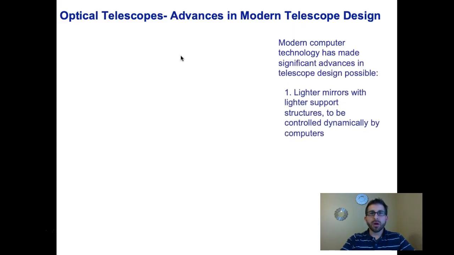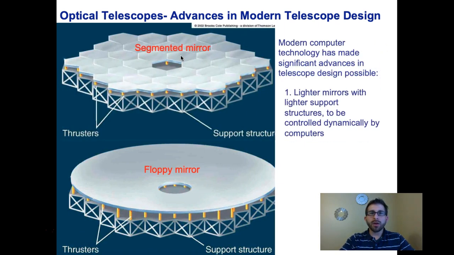So they're basically taking one little segment, and each of these segments of the segmented mirror are going to point towards that focal point and produce a single image. You'll notice that there's a second type, the floppy mirror, and in both of these cases we have little thrusters underneath the mirror.